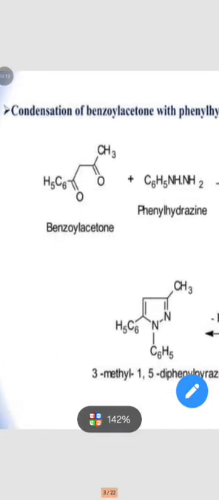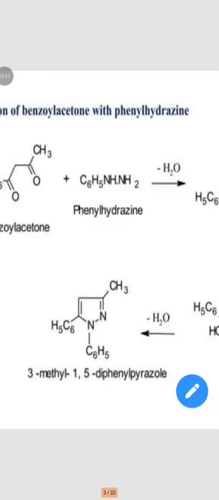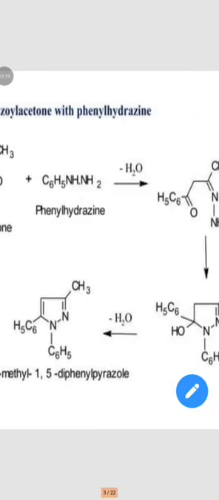Another preparation is condensation of benzoyl acetone with phenylhydrazine.